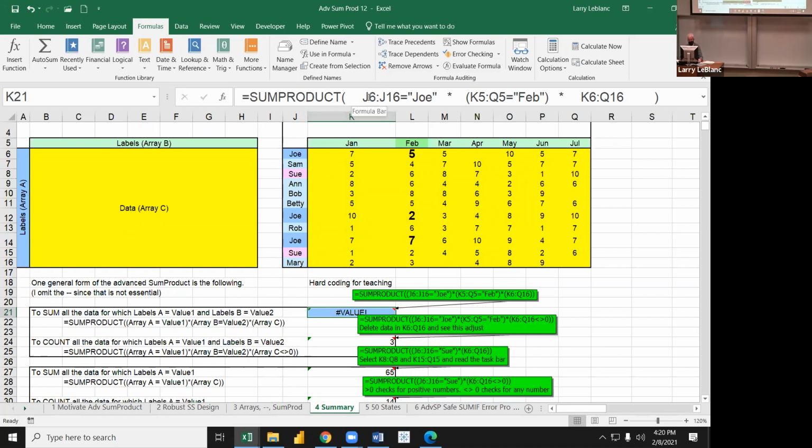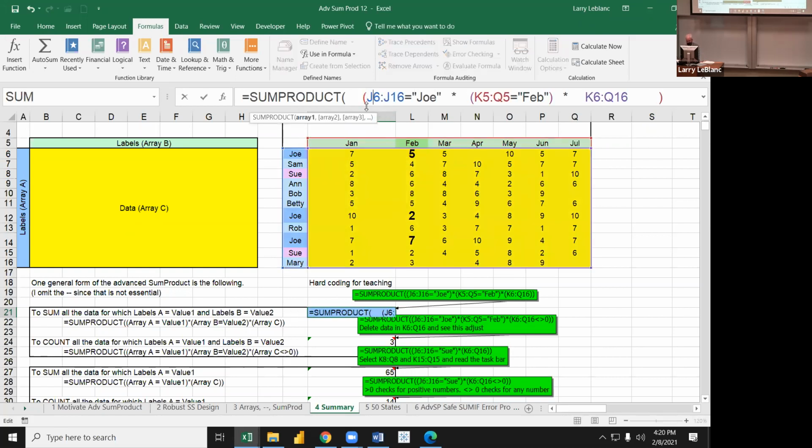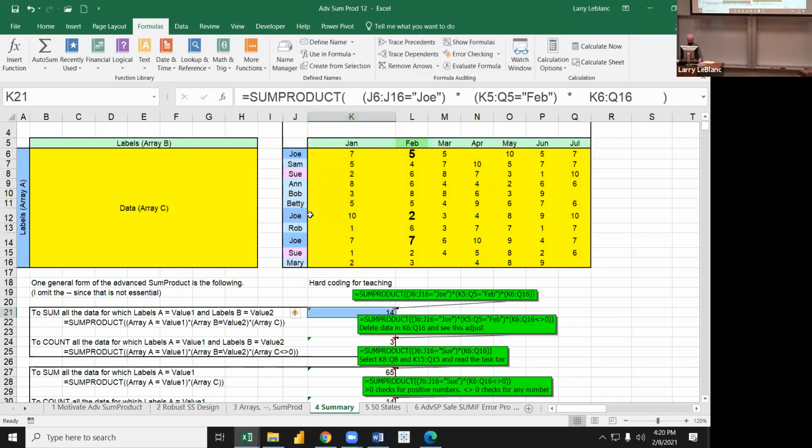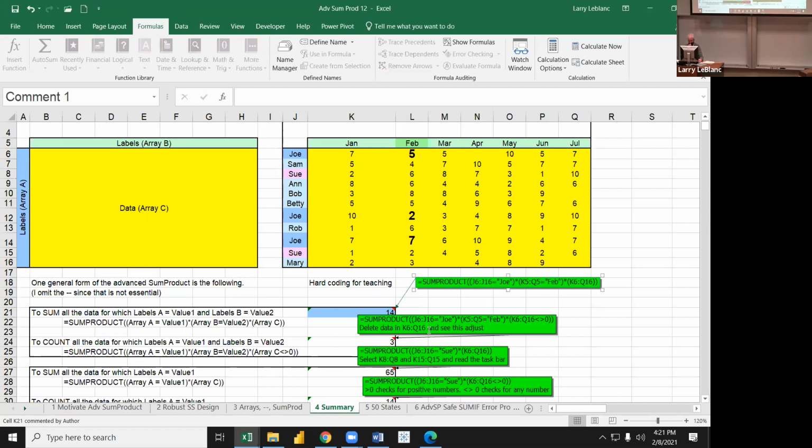So this is missing the parentheses. The answer is 14. 5 plus 2 is 7, plus 7 is 14. That's the formula you have to know, the one formula. Everything else is a special case.